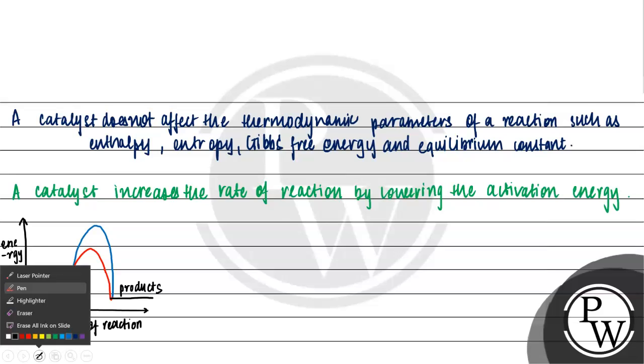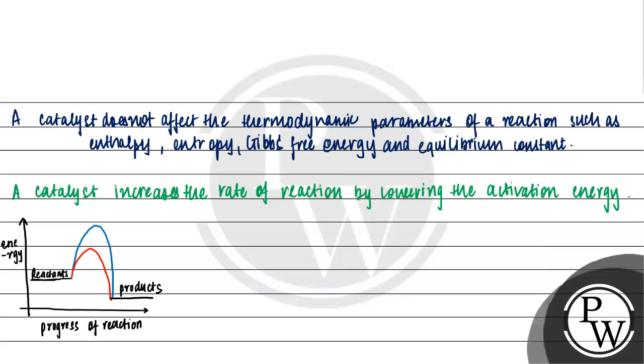I'm writing over here. This graph, which I write in blue, is the activation energy without catalyst. Now let us write the red plot. It is activation energy with catalyst.